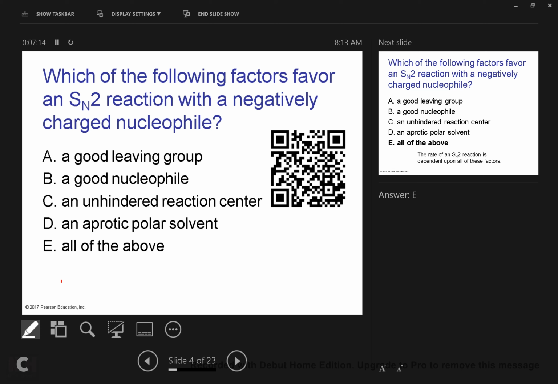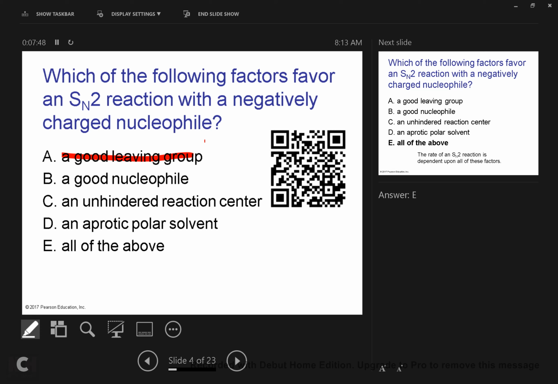So which of the following factors favor an SN2 reaction with a negatively charged nucleophile? Okay, with a negatively charged nucleophile. Of course, if you have a good leaving group, then the SN2 reaction is favored, irrespective of the nature of the nucleophile. Whether you have a bad nucleophile or a negatively charged nucleophile, so long as the leaving group is good, that will favor the SN2.